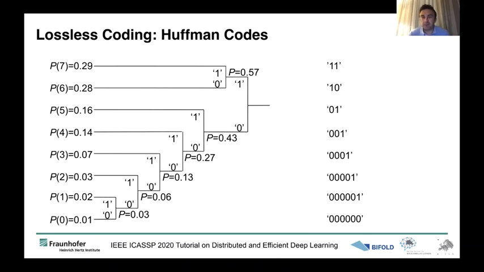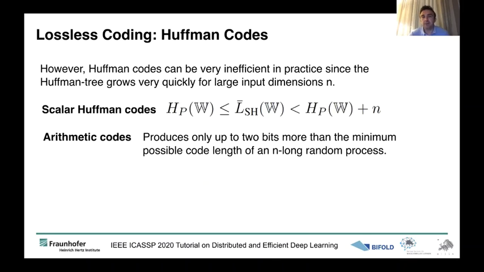However, practically, these Huffman codes can be very inefficient, since this Huffman tree can grow very, very quickly for large input dimensions. Therefore, people started using scalar Huffman codes, which do not have this problem, but also have a looser bound.